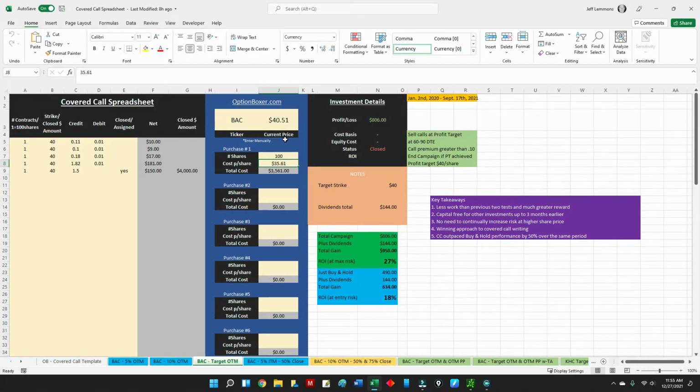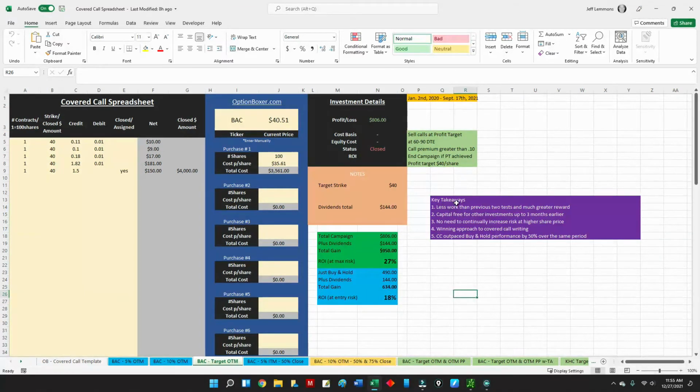Only about $4.39, I should say. But it did take me a while to get there, as you can see, because we did have the coronavirus sell-off. But in this instance, the covered call campaign actually netted me 27%, whereas just buying and holding over the same period only returned me 18%.